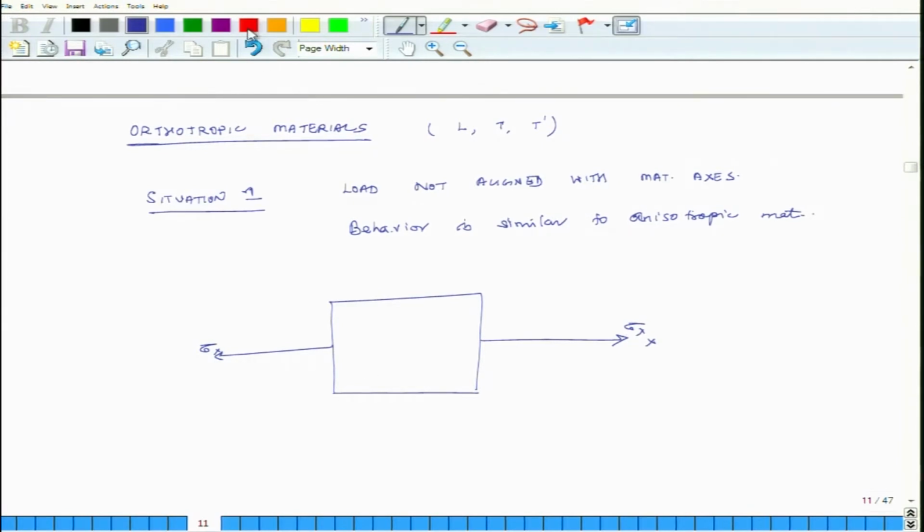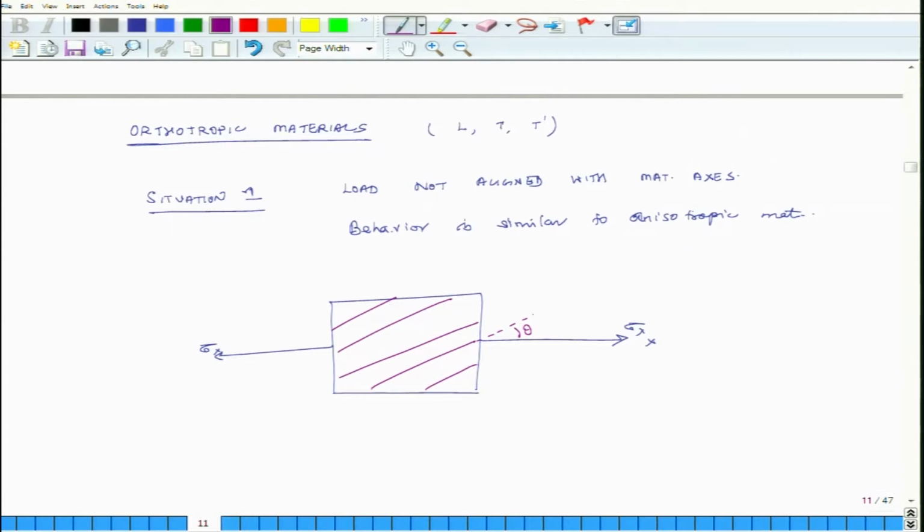The material axis could be at some angle, so maybe this is the L direction. So, fibers are running at an angle theta. In that case, the behavior is similar to anisotropic materials. So, this is situation 1.